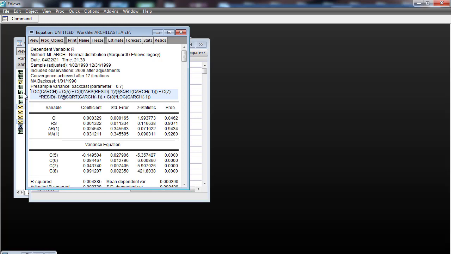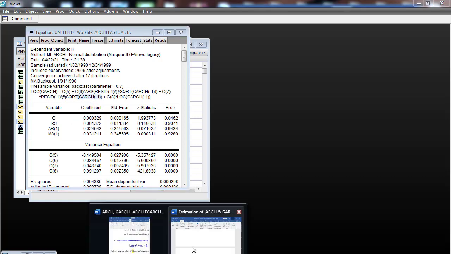As you can see it here, this is log GARCH, this is the constant, this is the absolute value of residual lag 1 divided by square GARCH lag 1, and here the residual lag 1 divided by square GARCH lag 1, and this is what we have to interpret here.